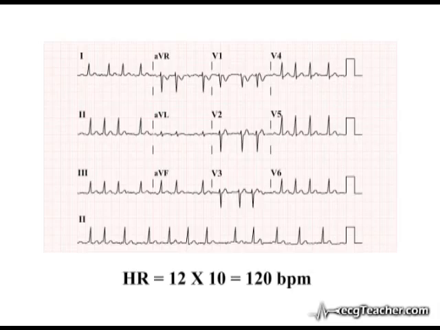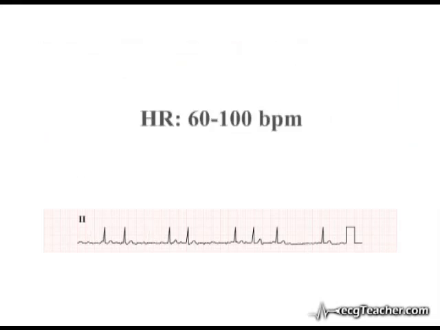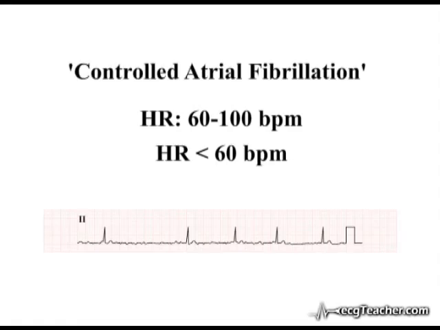However, the actual heart rate observed in cases of atrial fibrillation is highly variable. It may be much more rapid than shown here, however, it may occur at a rate within the normal range, or even be slow enough to qualify as a bradycardia. When the heart rate associated with atrial fibrillation is less than 100 beats per minute, it is described as controlled atrial fibrillation.